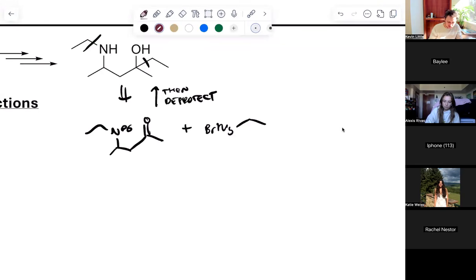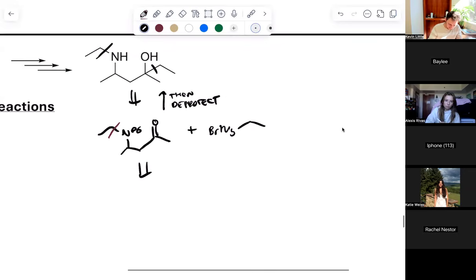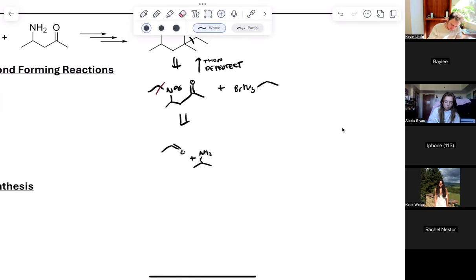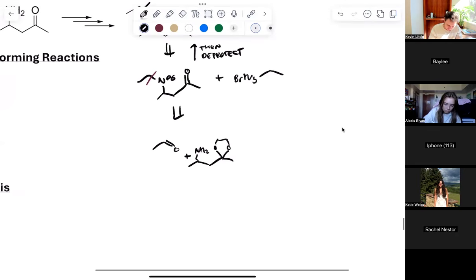Then I need to do another major disconnection here, which would be the carbonyl here and my nitrogen here. But you can see another problem here that I would have two carbonyls, which is less than ideal.